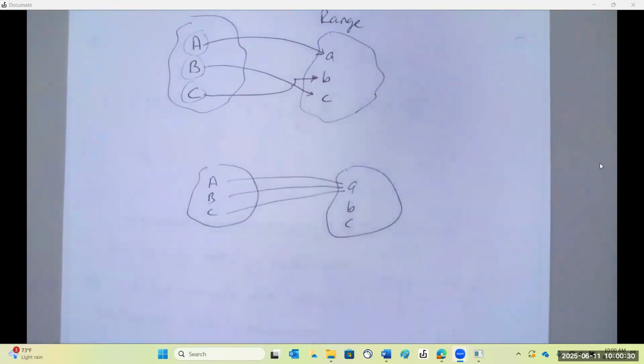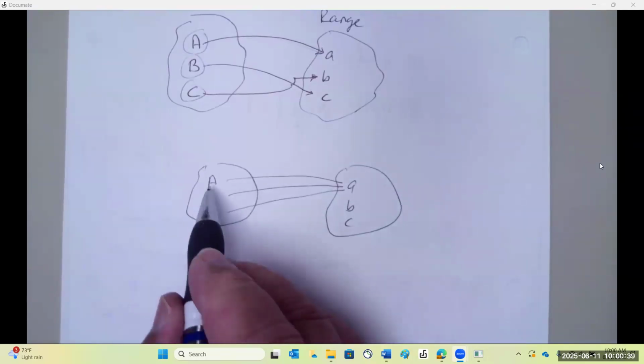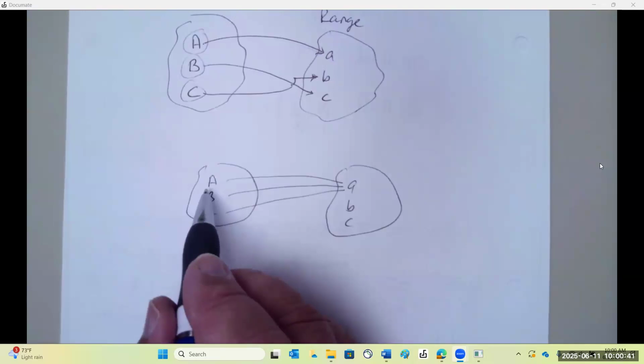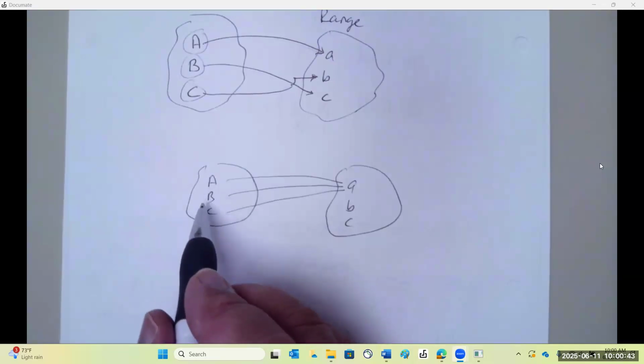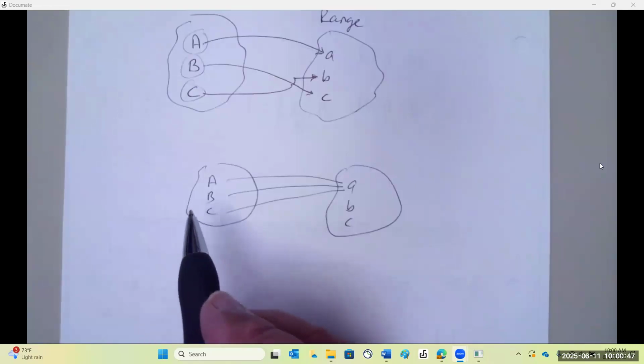Is that a correspondence? Again, the only thing you have to look at is how many arrows are coming out of these. One. Only one. So it has to be a correspondence.